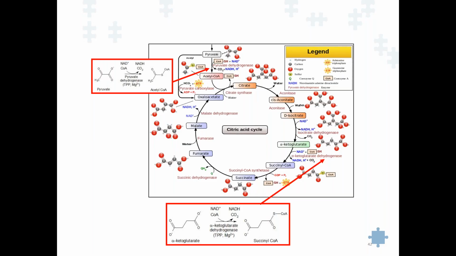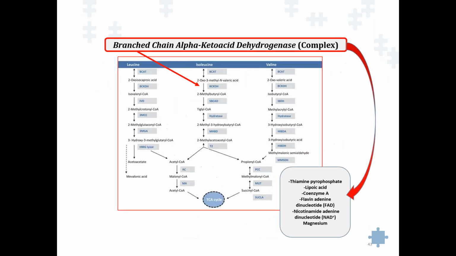There's another one downstream called alpha ketoglutarate dehydrogenase, and that complex requires the same nutrients. It requires B1, B2, B3, B5. And so deficiencies of any of these can lead to elevations within the Krebs cycle, from precursor compounds that get inhibited from being converted downstream because of deficiencies in these enzymes. And then there's this guy, the branched chain alpha ketoacid dehydrogenase complex.